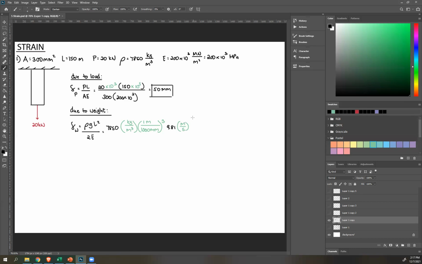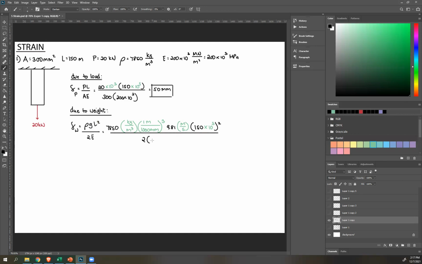Next, L squared. L is 150. Again, that's meter. I'm gonna convert that to millimeter by multiplying by 1000, and then that's squared. Next, 2E.